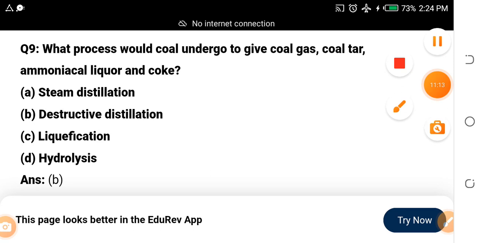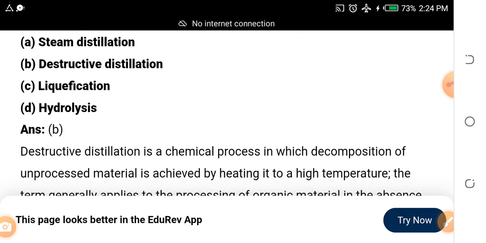The process coal goes through, from it you get coal tar, which is used for road construction and several other things. The process is called destructive distillation. Remember, we have distillation, fractional distillation, and destructive distillation. If you can tell me the definition and difference between the three, I will appreciate it.